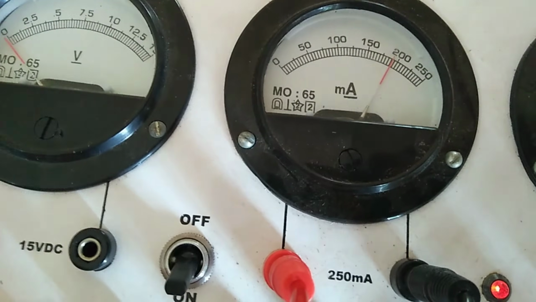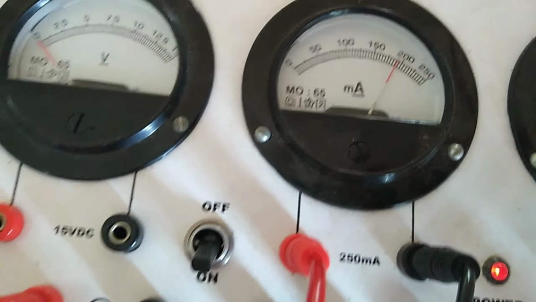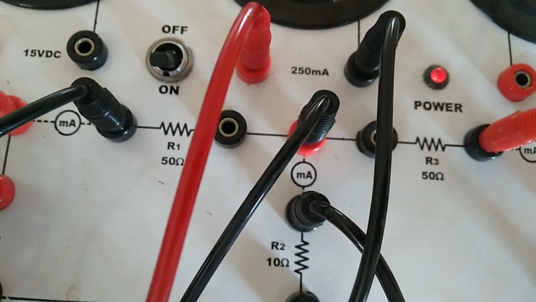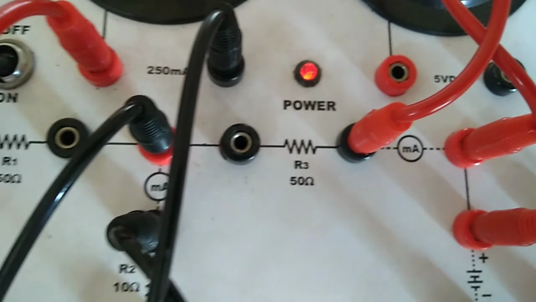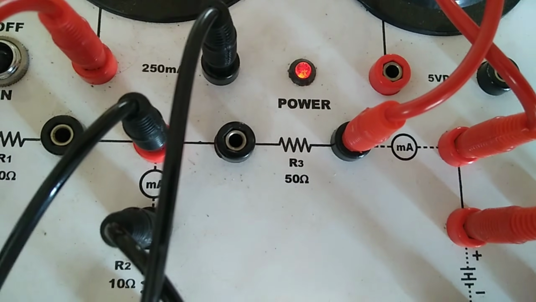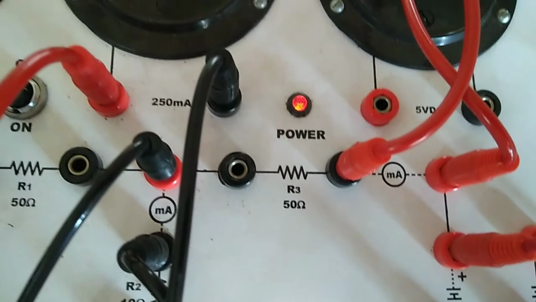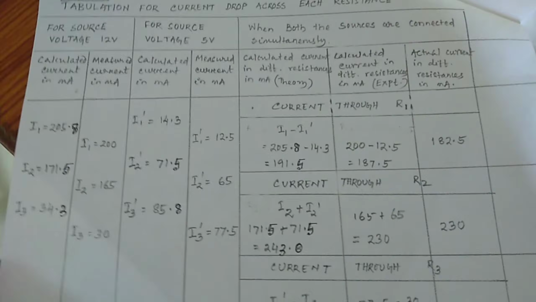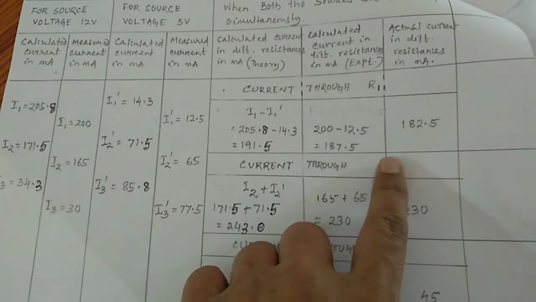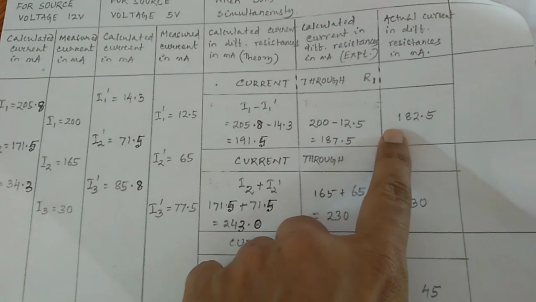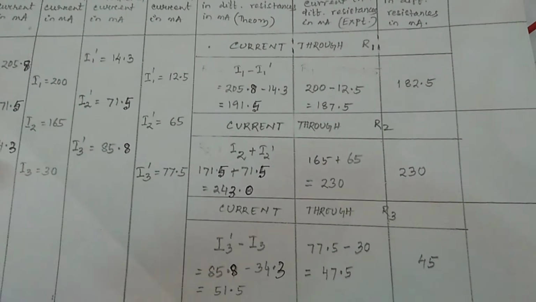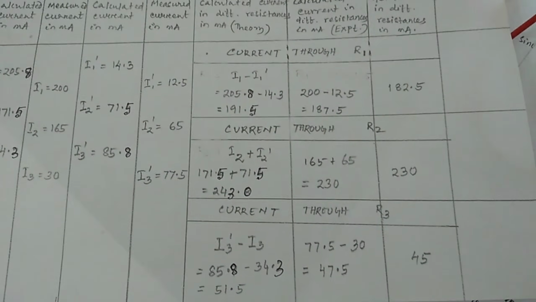You see, in the same way as I did in the independent measurement, you do the experiment, and you see the magnitude of the current. Through R1 it is 182, then through R2 230, and 45.